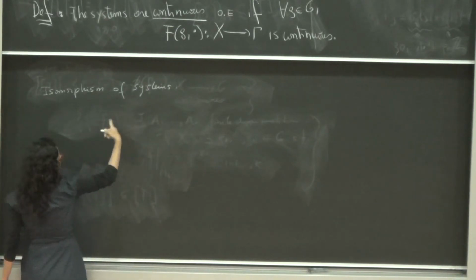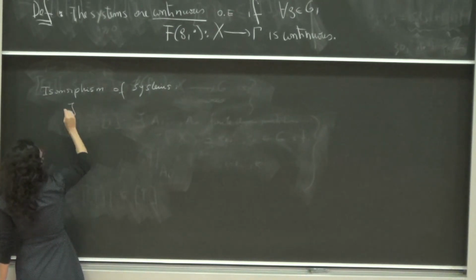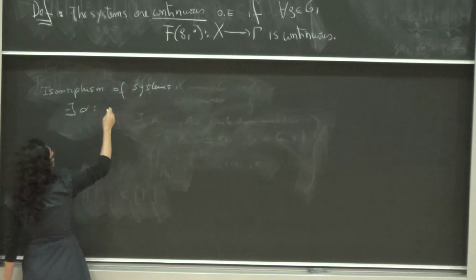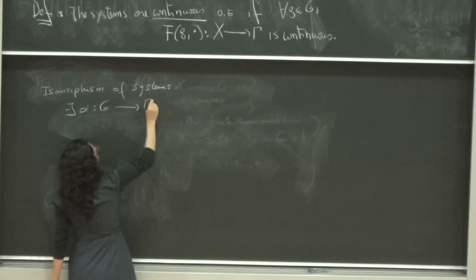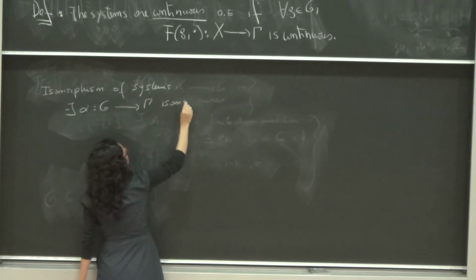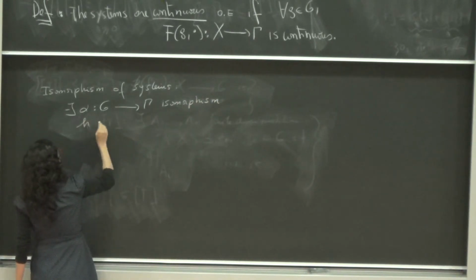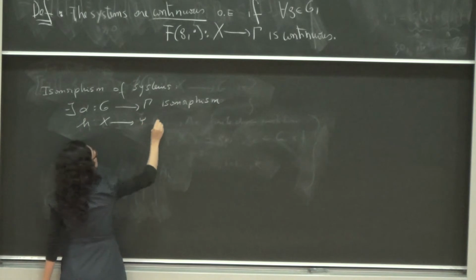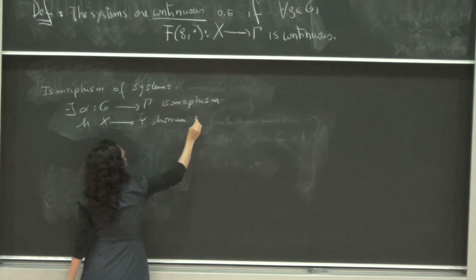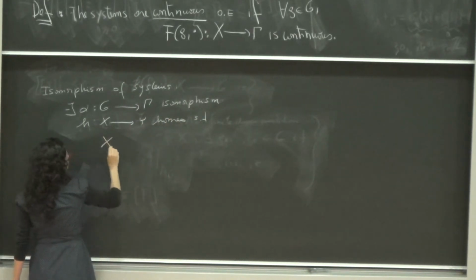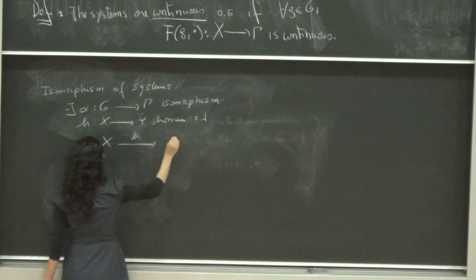We say that the two systems are isomorphic if there exists an isomorphism of the groups and a homeomorphism such that we have the following, the same diagram.